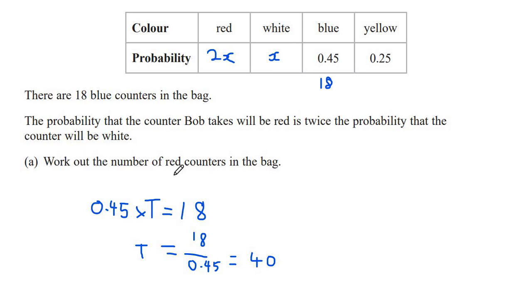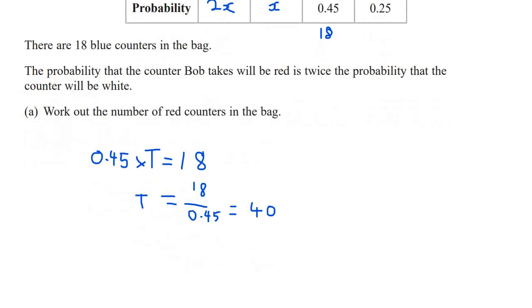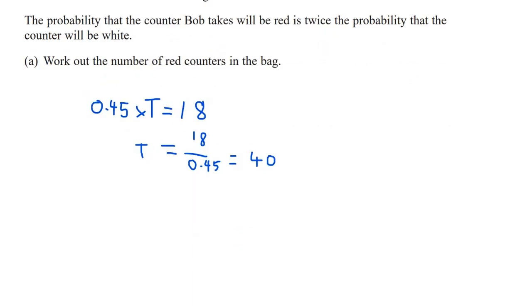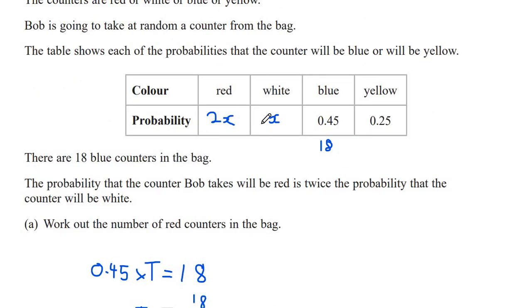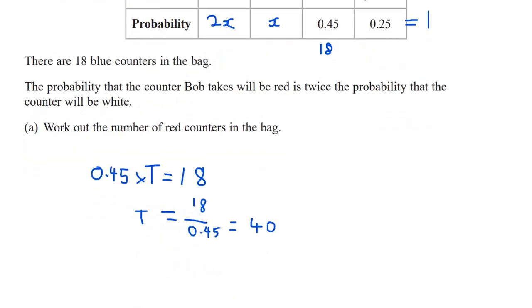Now we need to work out the number of red counters. Okay. Now, if you look at the table here for the probability, these are the probability for each color. Now this, when you add them up, must be equal to 1. That is the basic rule about probability, that the total of probabilities should add up to 1.